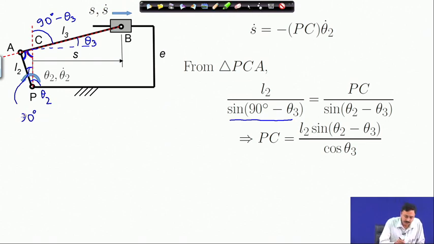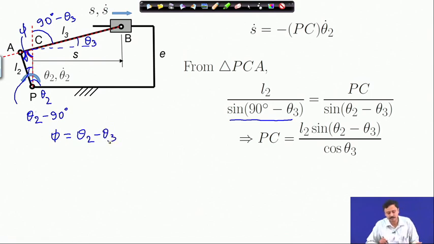So, this angle will be theta 2 minus 90 degree, and if I call this angle as phi, which I want to determine, then you can very easily see that phi must be equal to theta 2 minus theta 3.